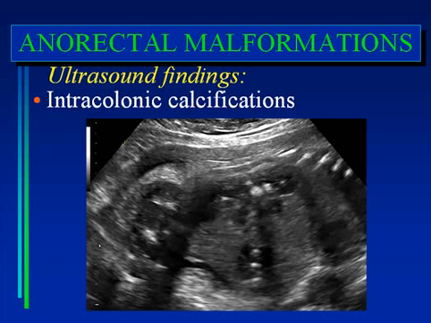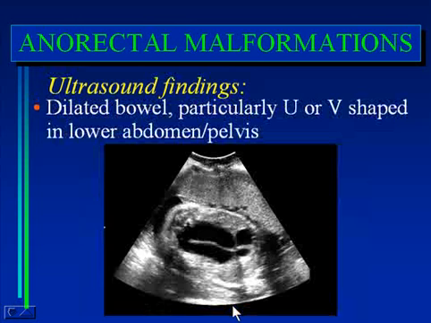That being said, though, in some cases you can detect anorectal malformations at ultrasound, and when you can detect them, the diagnosis is usually based either on identifying intracolonic calcifications in prominent loops of colon, as we see here, or the ultrasound finding of a dilated loop of bowel in the pelvis and lower abdomen, especially one that's U or V-shaped, as we see here in this fetus with an anorectal malformation as part of a complex cloacal abnormality.